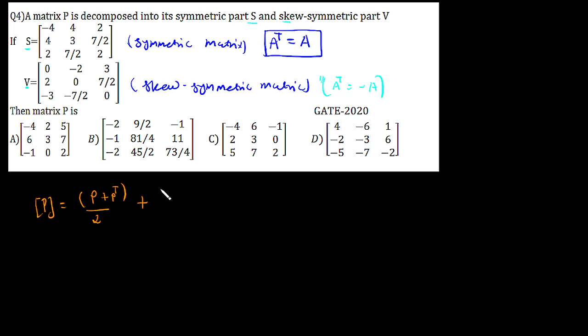For the skew-symmetric part, if I subtract the transpose from the initial matrix P and again divide by 2, then this second term represents the skew-symmetric matrix. So let me write that this first matrix is the symmetric part, and this second matrix is the skew-symmetric part.